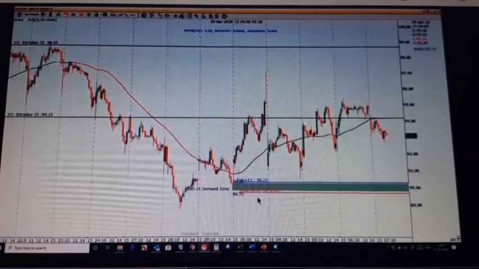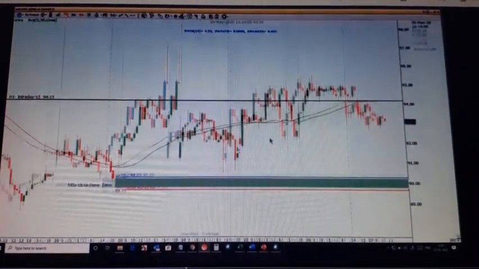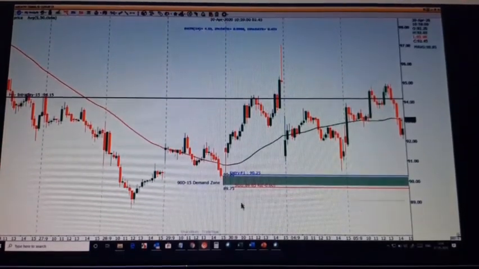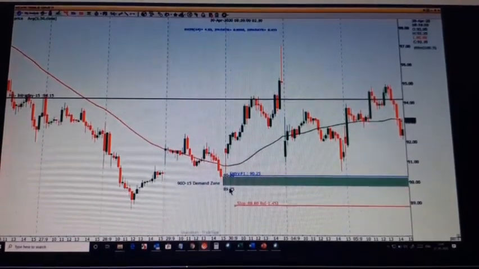So the stop loss line here will be, what is the distal line? 89.75, right? The distal line here is 89.75.